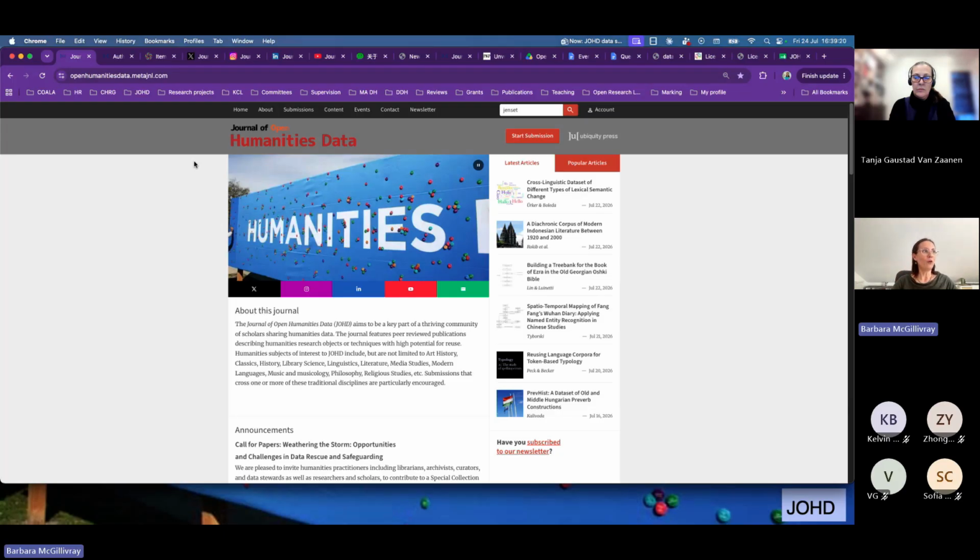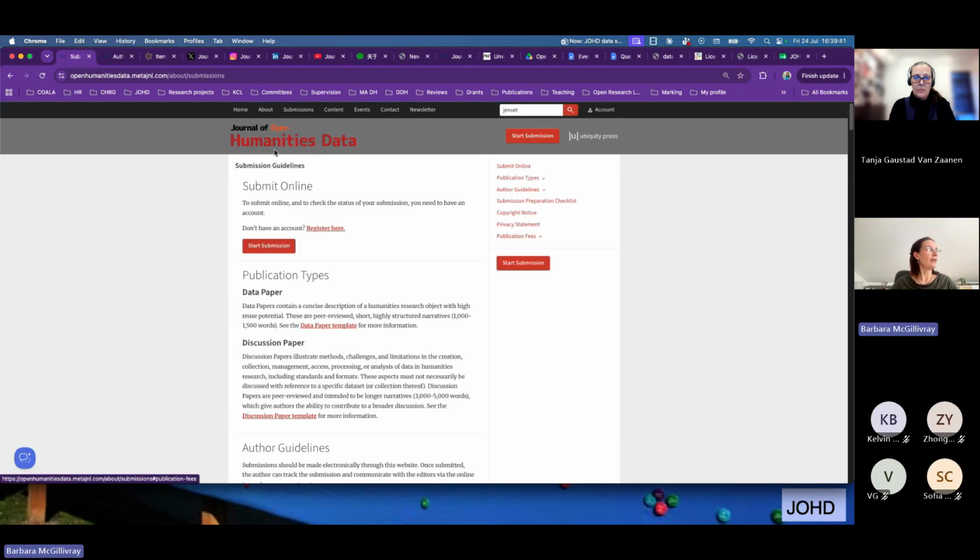So normally the expectation is that the author has funding from their institution or their research grant funder to cover the cost of producing and publishing the paper so that it can be read for free. And the details of this are in the submissions page and the publication phase.